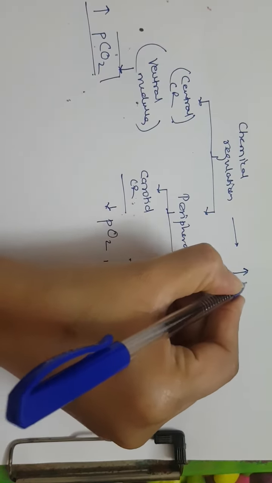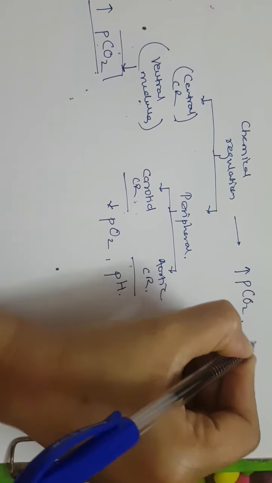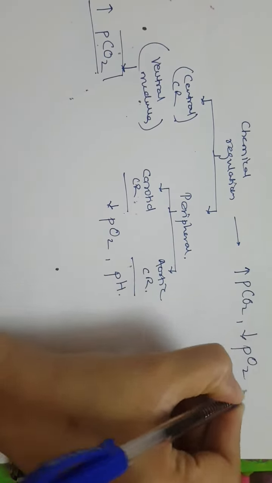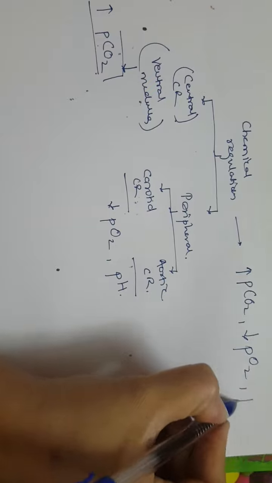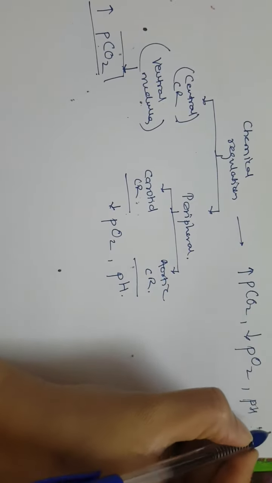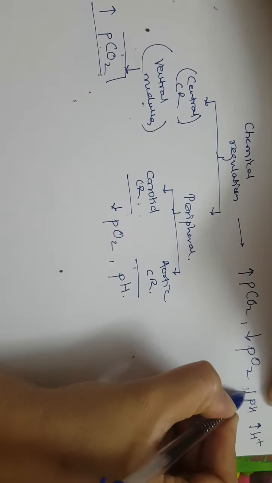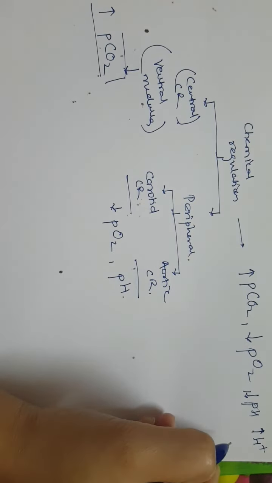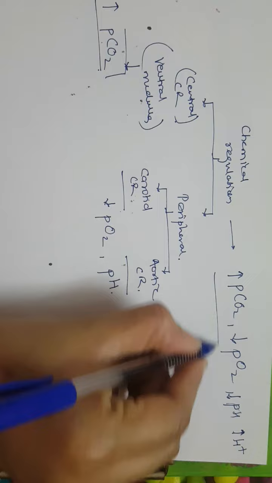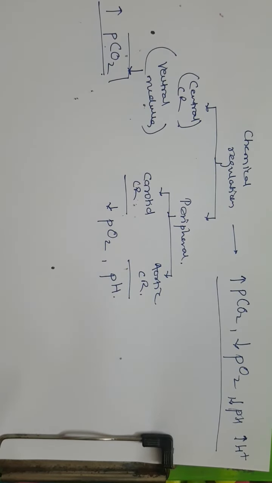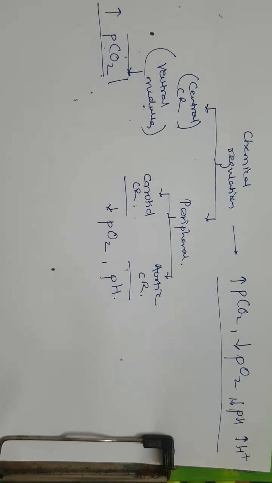So if the PCO2 is high, if there is a decrease in PO2, or if the pH is low, that is, the hydrogen ion concentration is increased, there will be stimulation of chemoreceptors and increased ventilation to counteract this.